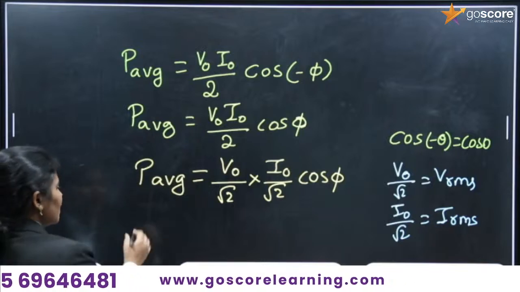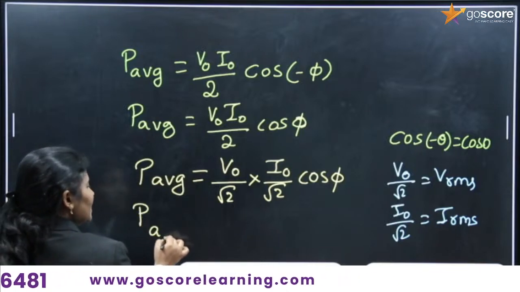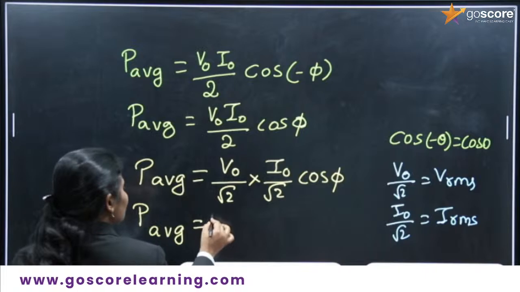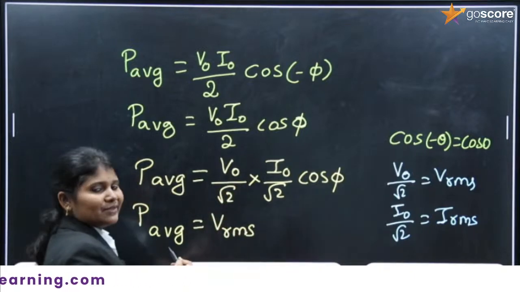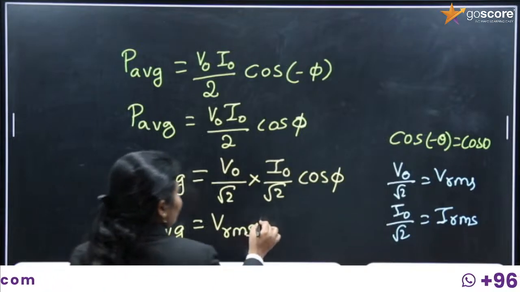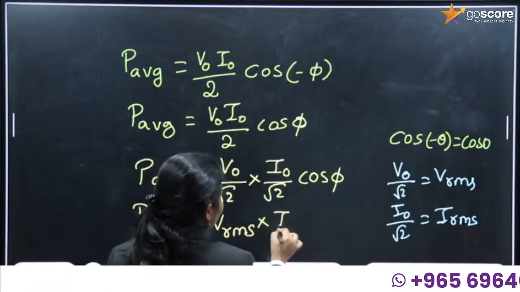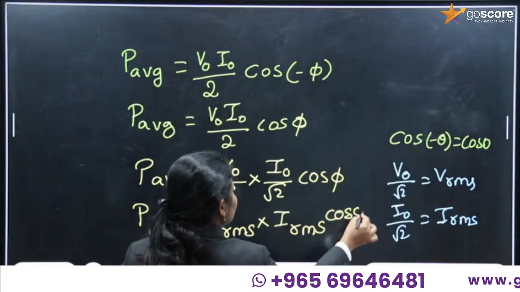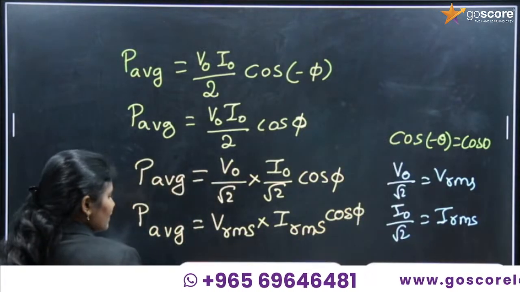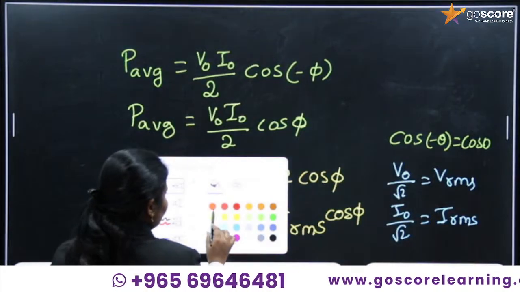Then what is the power equation? Average power, P average is equal to VRMS into IRMS cos phi. This is the average power equation.